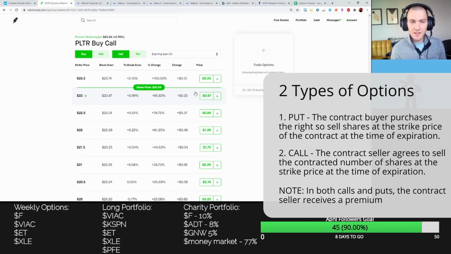So at the end of the week on Friday, April 23rd, my shares more than likely, if it closes at 23.01 or above, will get called away, and I will get $23 per share for my Palantir. And in my case, that's a 50-cent profit plus whatever the premium that I made along the way.